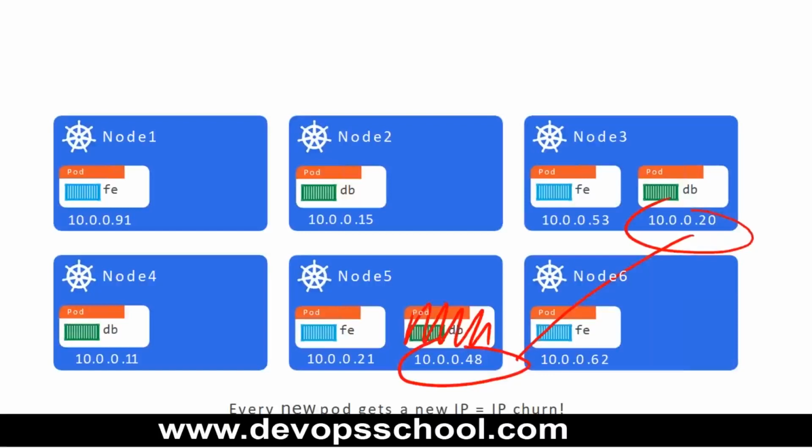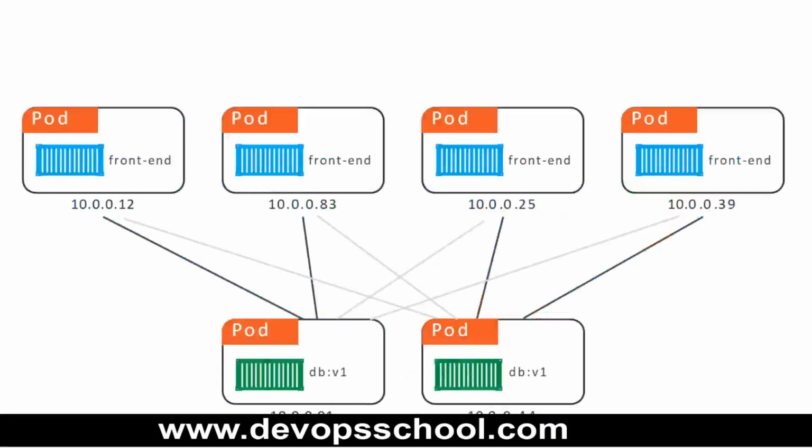Now the question is, how can you access these pods? Let's say you have 4 front end pods and 2 backend pods, and backend means a DB. Look at this image here. How will the front end communicate with the backend?